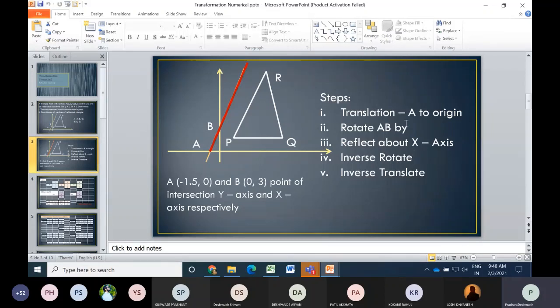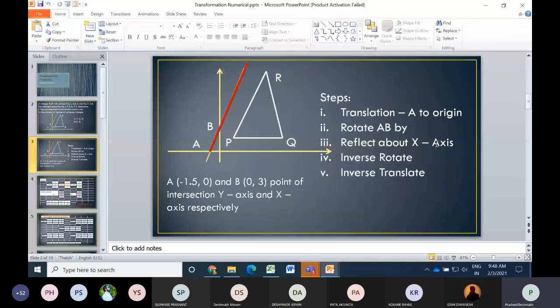Next, these are the sequence of operations. Translate A to origin. Then rotate AB by some angle, so that it will be collinear with the x-axis or y-axis. Here we make it about the x-axis.